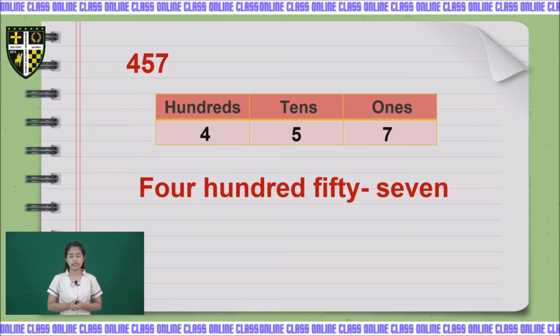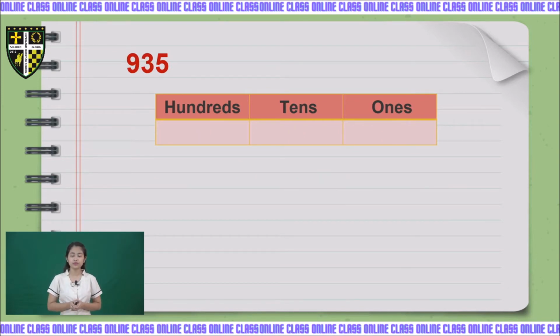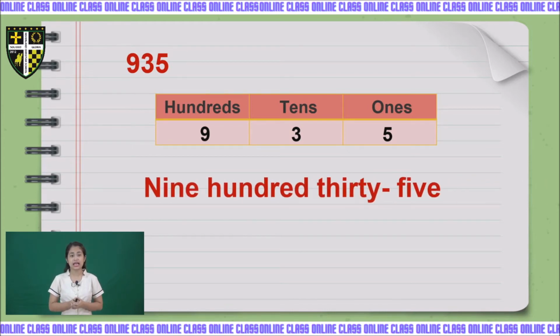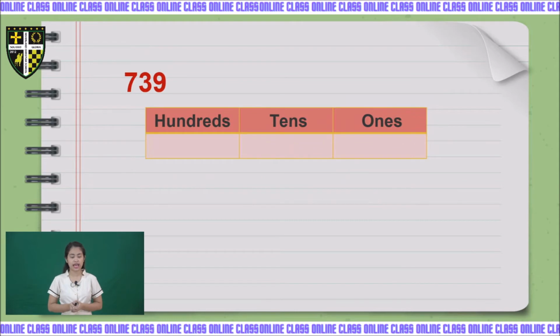So the next example is 935. The digit 5 is in ones, the digit 3 is in tens, and the digit 9 is in hundreds. So we can just simply write it as nine hundred, remove the S, thirty-five. So for the last one, we have 739.